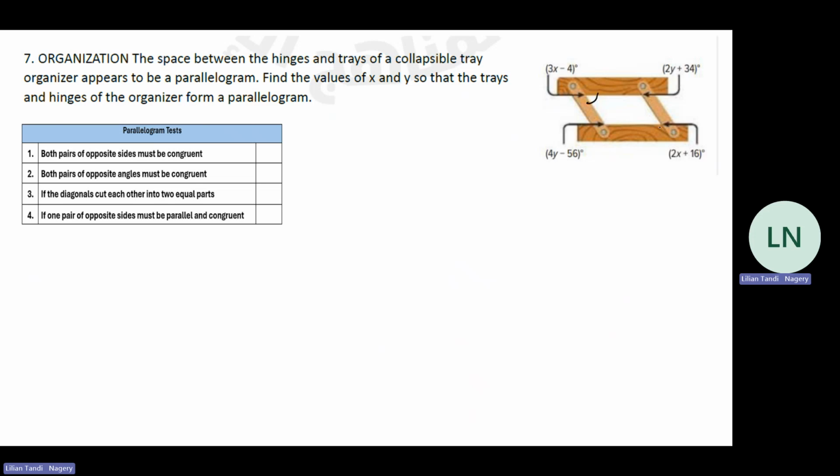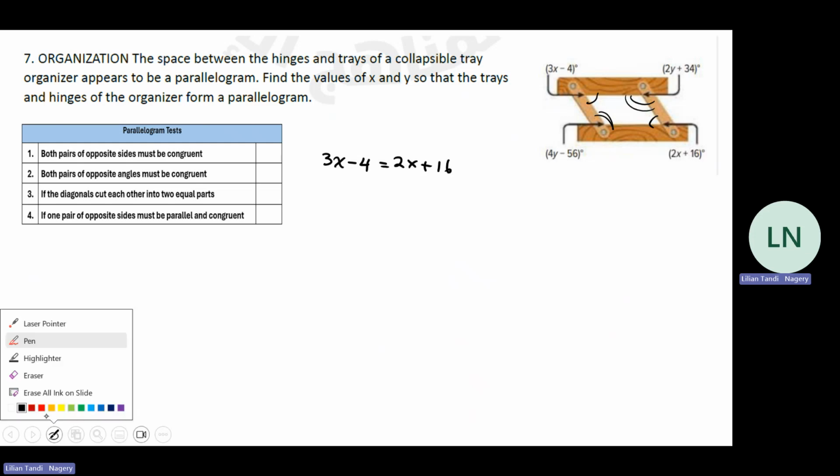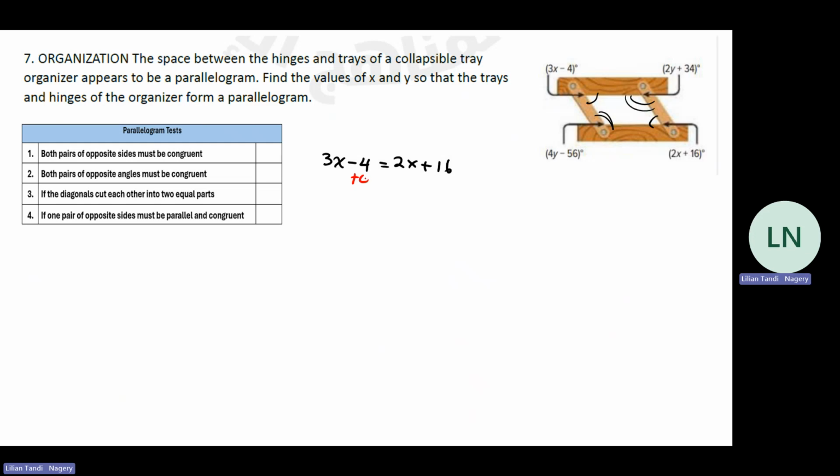So this angle should be equal to this angle, and this angle should be equal to that angle. So we write 3x minus 4 equals 2x plus 16, and then you solve that to find your x. Plus 4, minus 2x, minus 2x. This goes away, that goes away. x equals 20. Okay?